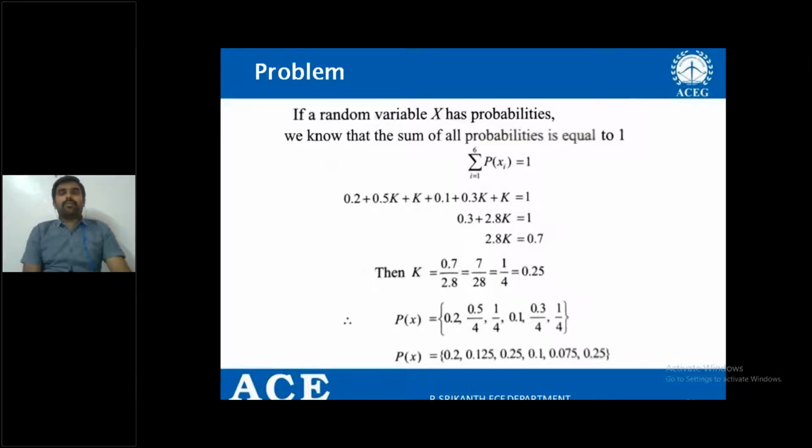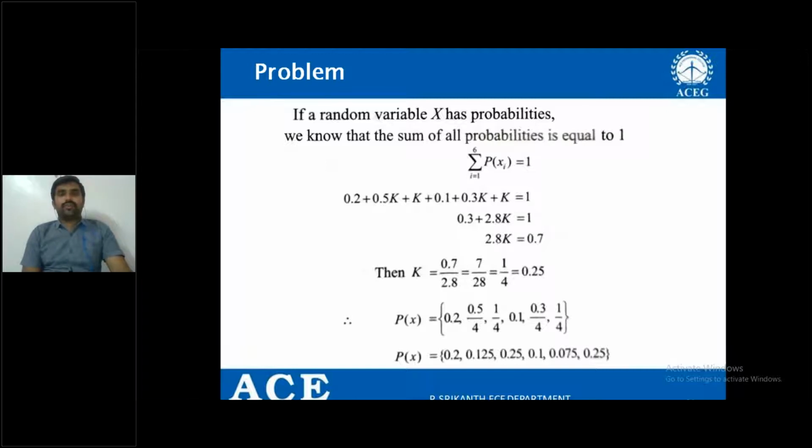The total probability is equal to 1 in the case of discrete random variables, or you can also say that the total area under the density curve is equal to 1. As we are taking the random variable as discrete, you can take the summation in place of integration. Therefore, summation i equal to 1 to 6 of p of xi equals 1.